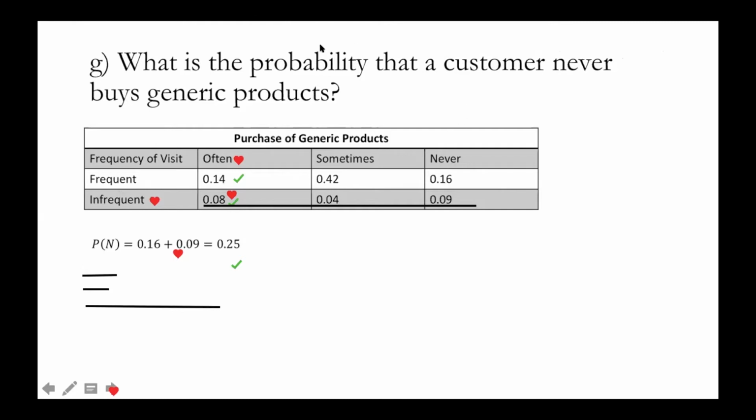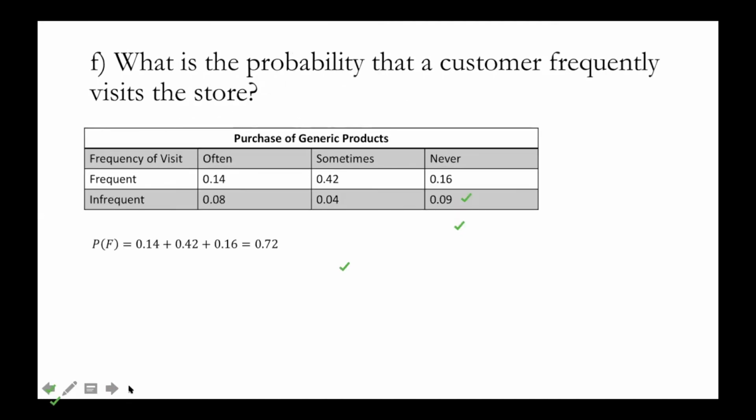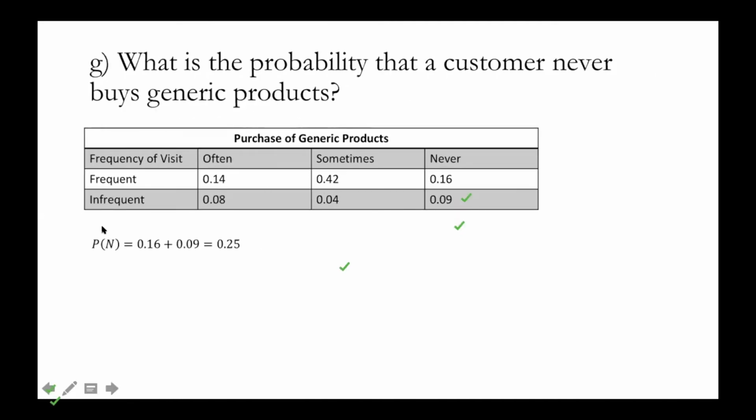So simply you take this number and this number, and you receive this number. So then the probability of never buying generic products will equal this number plus this number, which is equal to 0.25.